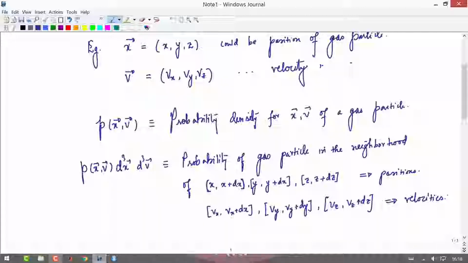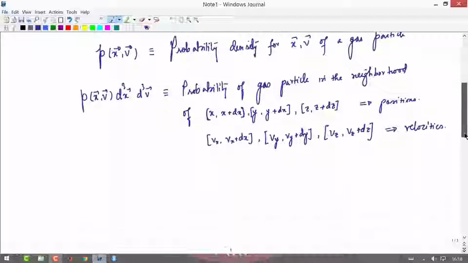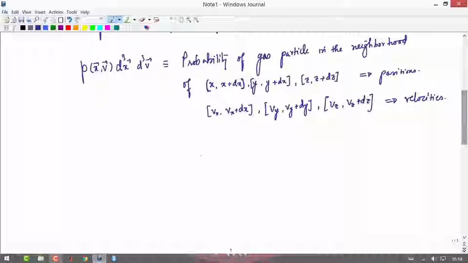So this is like a 6-dimensional cube. I'm going to draw it in 3 dimensions only, so you can take x, y, and z, and here just take a point in the space.